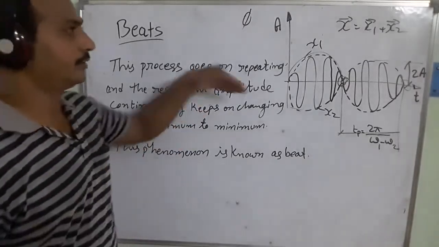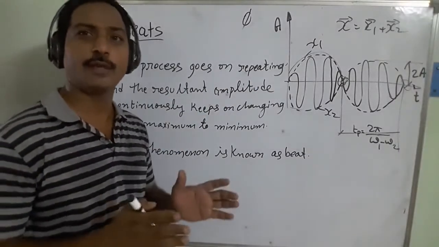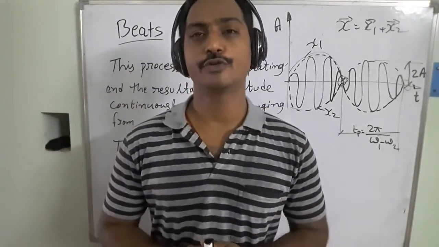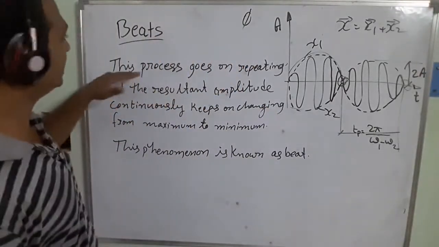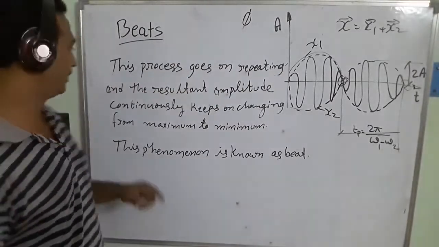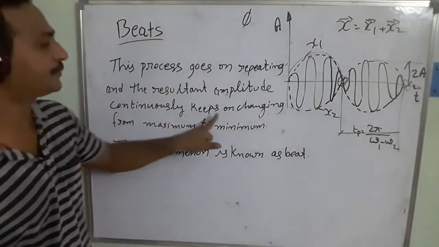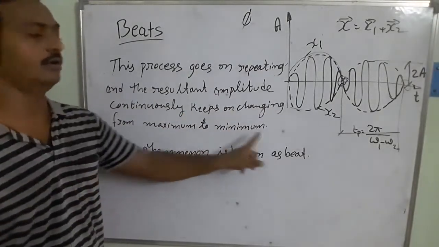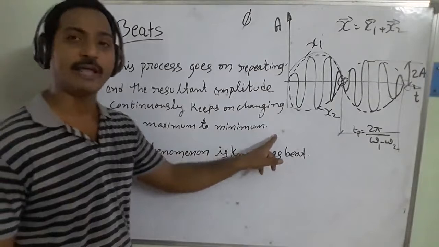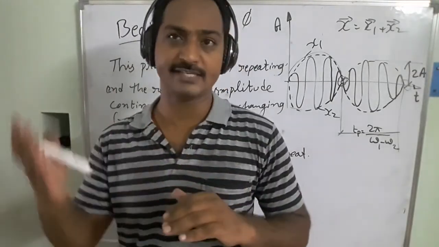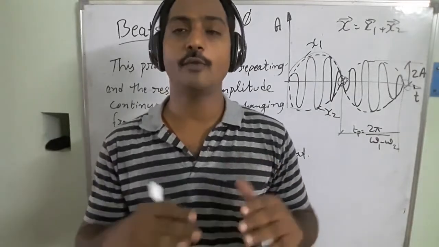Because of the phase differences, one time we get the maximum and one time we get the minimum of the amplitude of the vibrations. This process goes on repeating, and the resultant amplitude continuously keeps changing from maximum to minimum. Sometimes the phases match, and then we get the maximum; when the phases are different, we get the minimum.